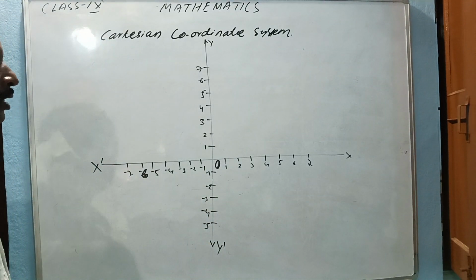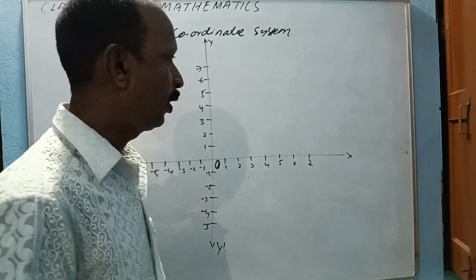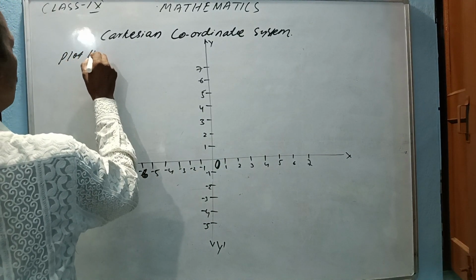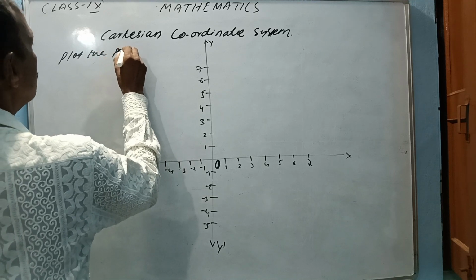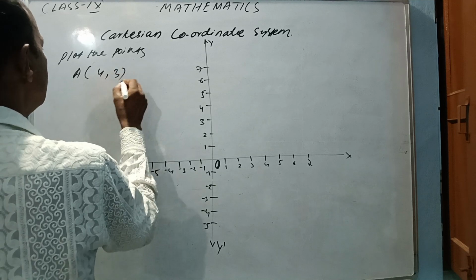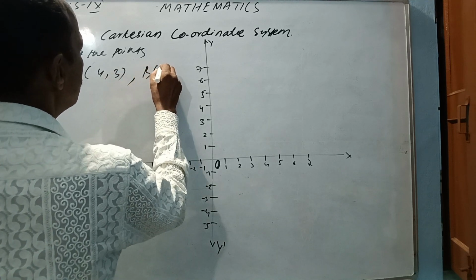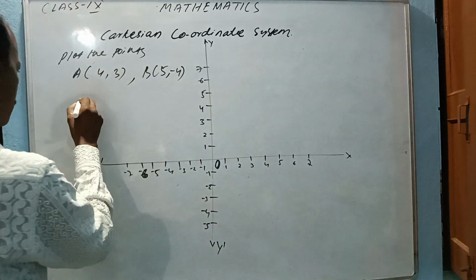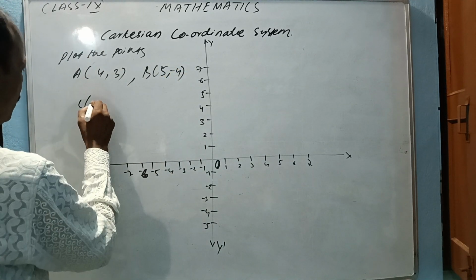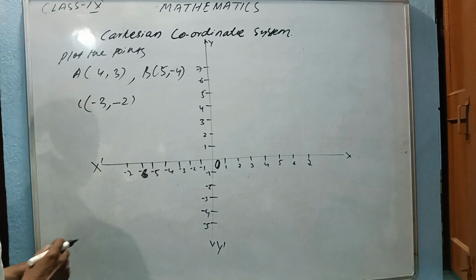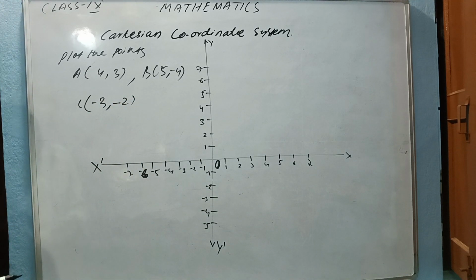Let us see. Suppose I have to plot the points A (4, 3), B (5, -4), C (-3, -2). Like these points we have to plot.